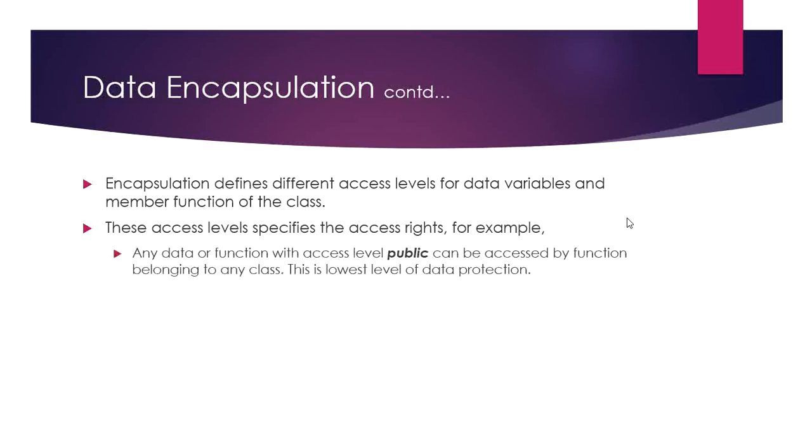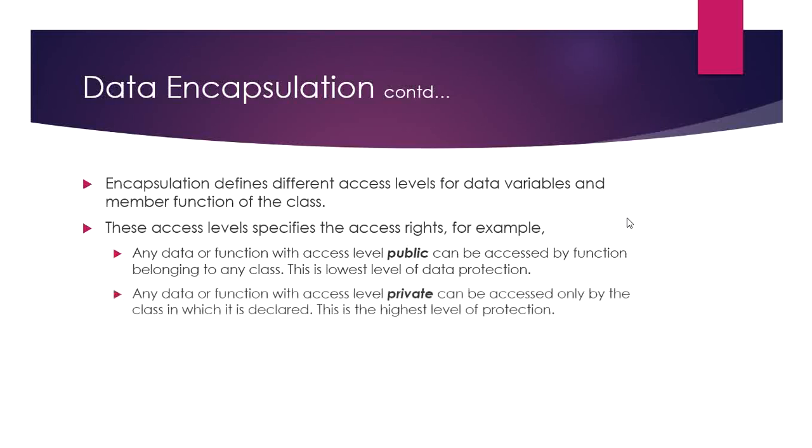We have two in Python, that is public and private. Any data or function with access level public can be accessed by functions belonging to any class. What is public is accessed by everyone, in the class or outside the scope of the class also. But the second level is private: any data or function with access level private can be accessed only by the class in which it is declared.